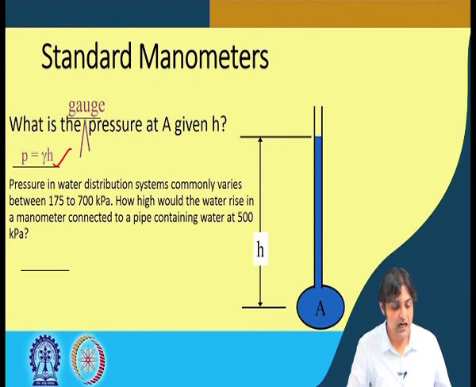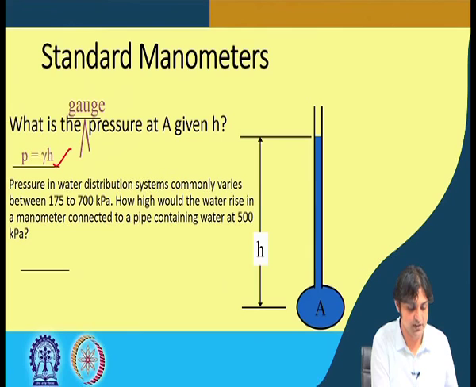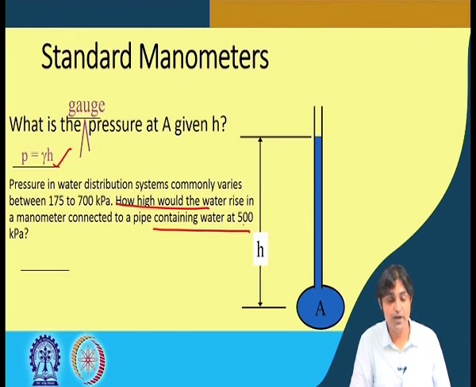So how high would the water rise in a manometer connected to a pipe containing water at 500 kilopascal? The question here is, if we want to measure the pressure in a water distribution system, what will this height h in a manometer be?